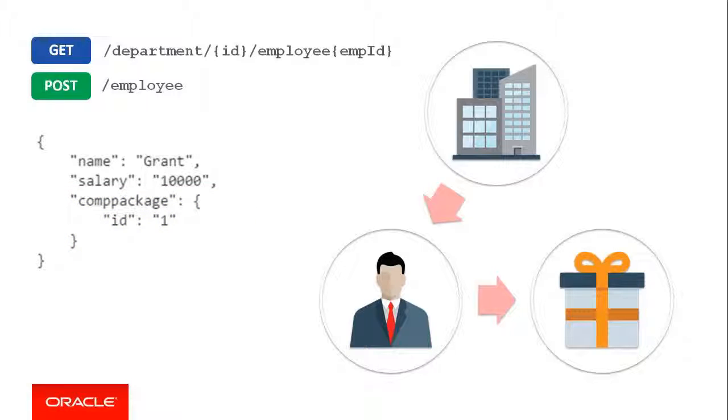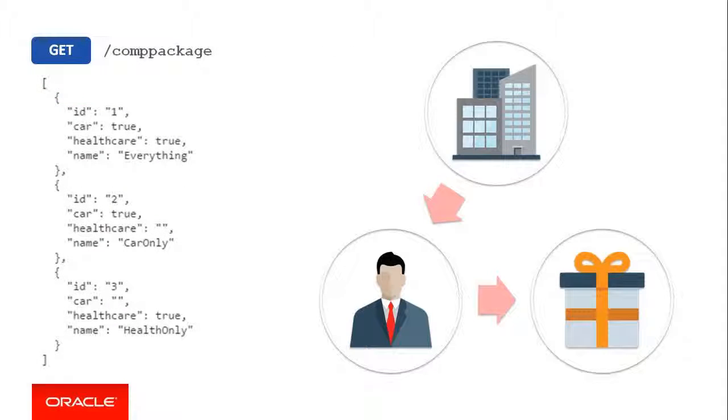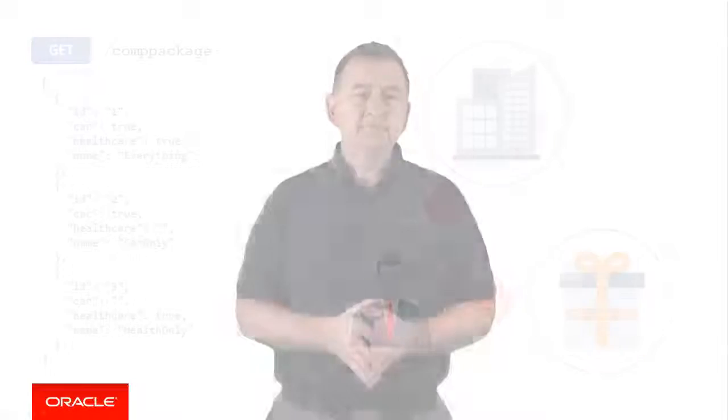And as you might imagine, Express API is creating and maintaining the schema definitions so that anyone using the API knows what to expect in the request and what they can expect in a response. It's also worth remembering that since compensation package is a reference resource to employee and so can live outside the context of an employee, it has its own URIs as well. So get comp package would return a payload of all the compensation packages in the company.